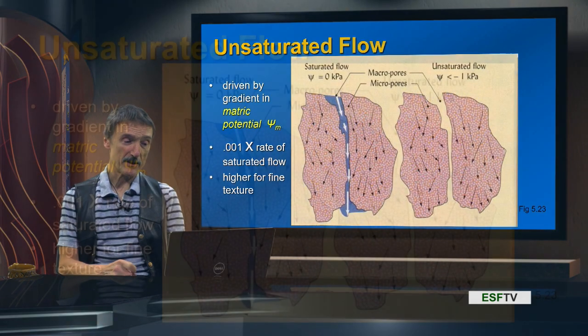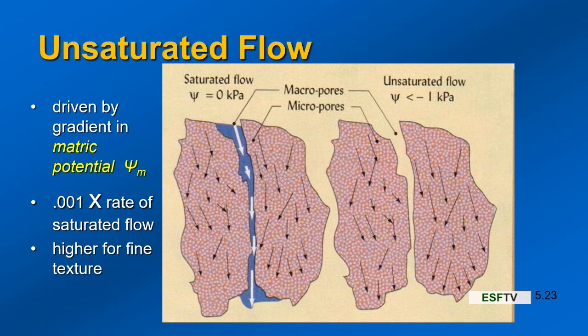So let's look at this in a diagram from figure 5.23 in the text. It shows saturated flow, and there we're at saturation. Water potential is 0 by definition, so psi, the soil water potential, is 0. All the macropores are filled. Then the macropores begin to empty. So water flows out, gravitational water leaves.